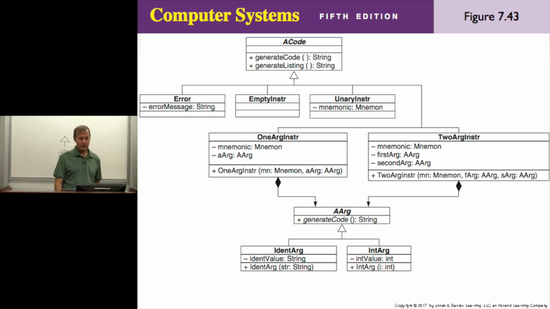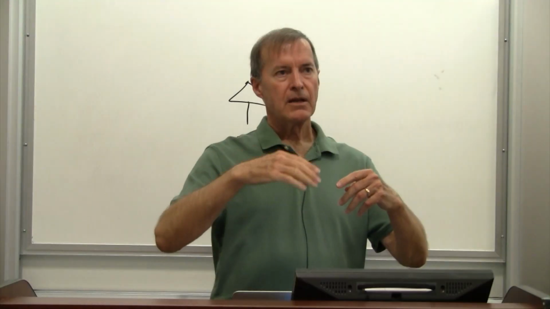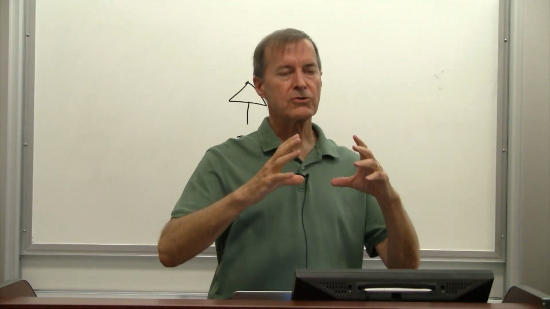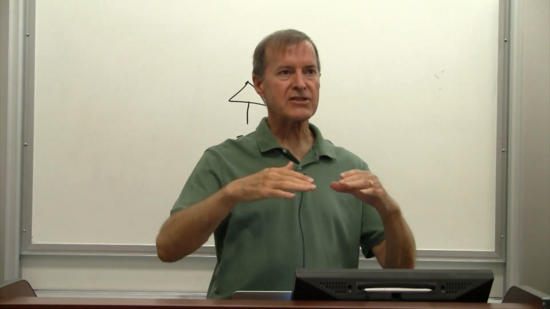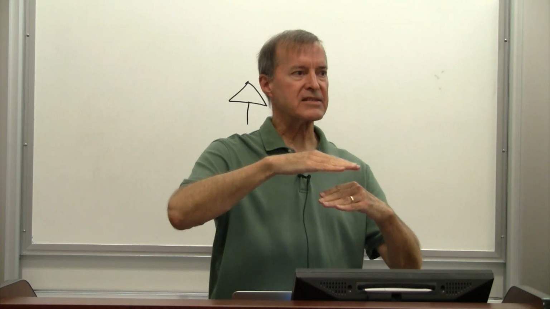All right. Now let's take a look at figure 7.43. Here again, we always have to go back to the language that we are translating. So here in figure 7.43 is the setup for the code. Now here's the idea. The translator goes through the source code one line at a time.